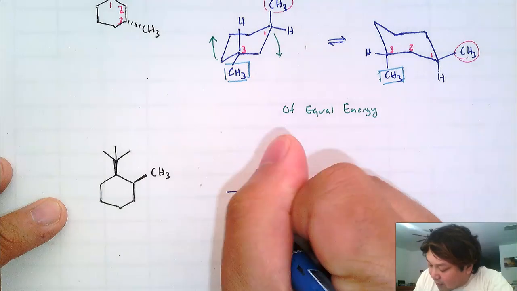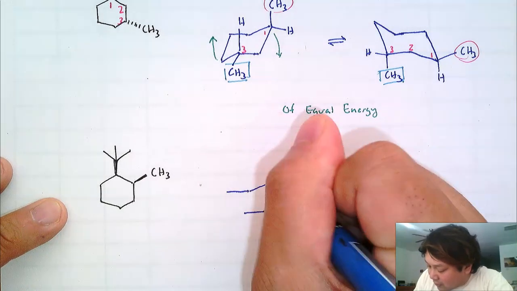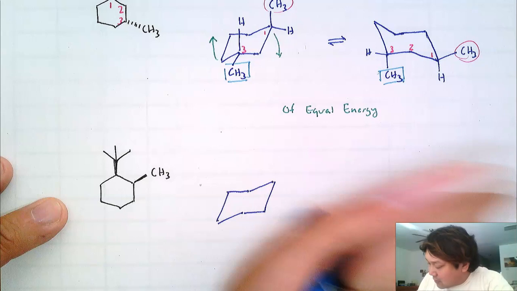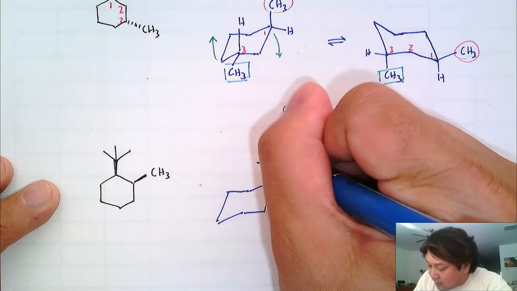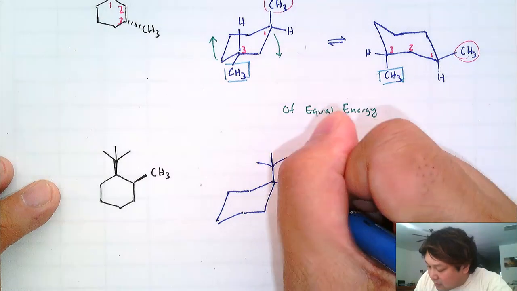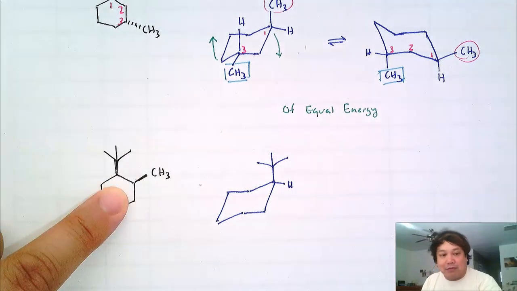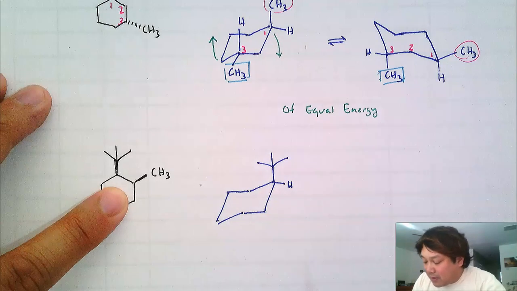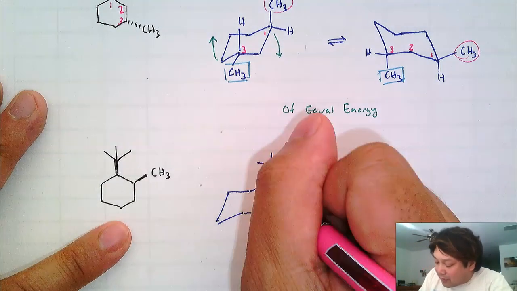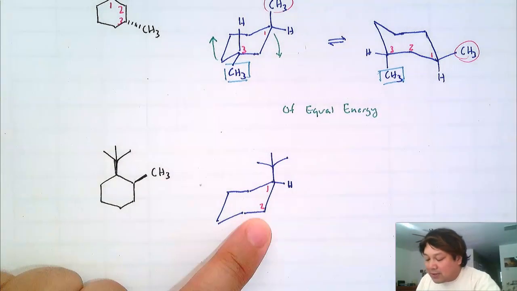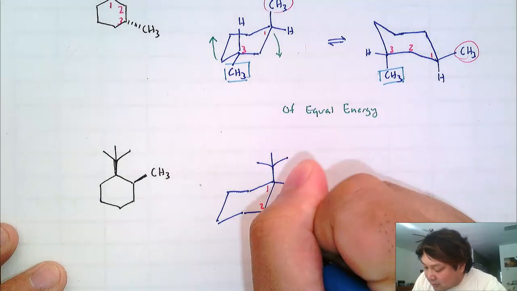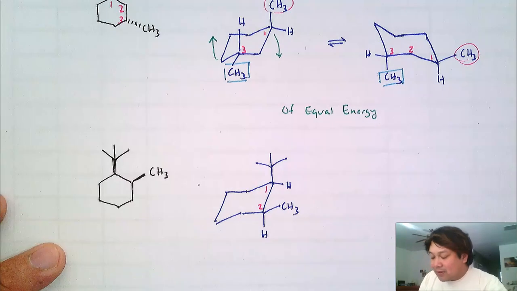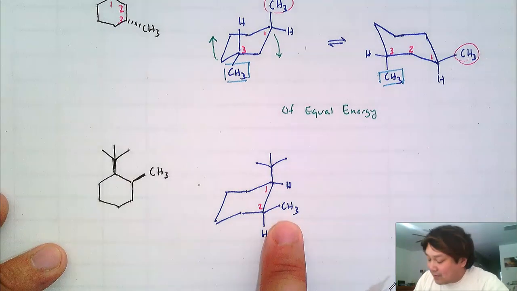Let me show you how I would draw the first chair conformation. I still want to make wedges go up, and I have this. Carbon number 2 has the methyl group, and that's up also. But look, on carbon number 2, the up position is equatorial. So we have one axial, one equatorial.